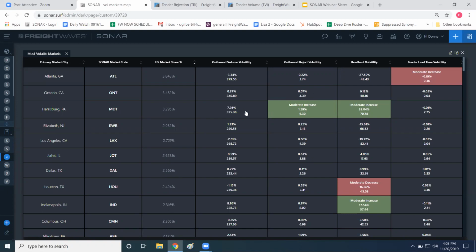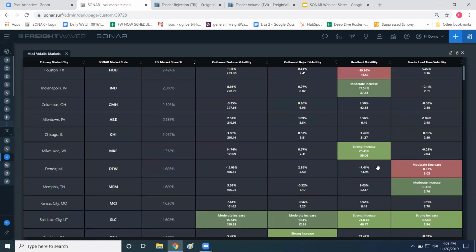If this index has moved one standard deviation up or down, we'll flag it green or red and say that it's a moderate increase from the average, the 52-week average. If it moves up around 2 standard deviations, we will indicate it as a strong increase or a strong decrease. And this can help you identify quickly which markets are actually moving within the U.S.